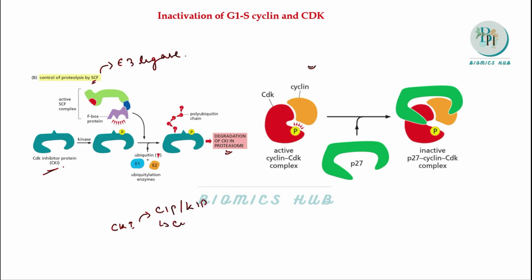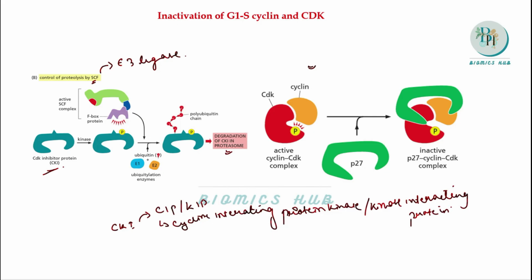CIP means cyclin interacting protein, or KIP means kinase interacting protein. The examples of CIP or KIP are P21, P27, P57.